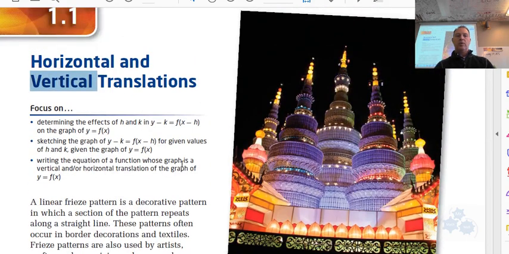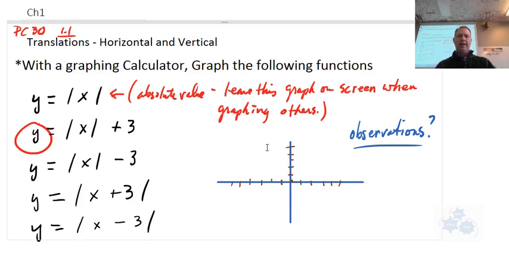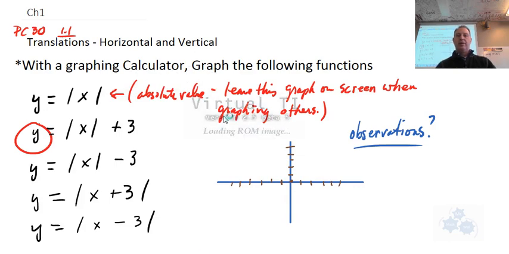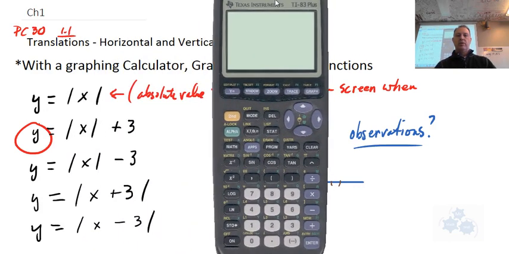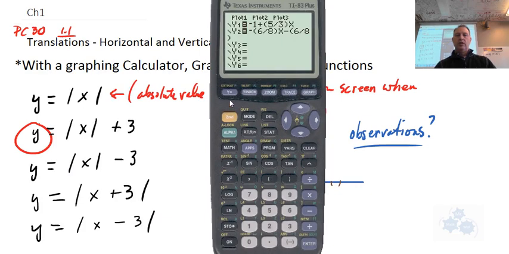All right, so this is what I want you to do. With your graphing calculators, I want you to plug in y equals the absolute value of x. For those of you that have a TI, I'm going to show you how that works. You're going to go to y equals, and clear off everything that's already there.